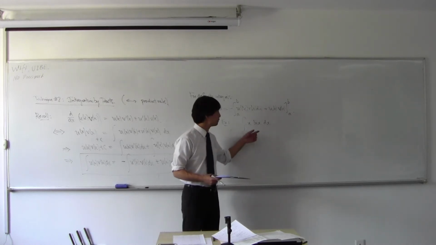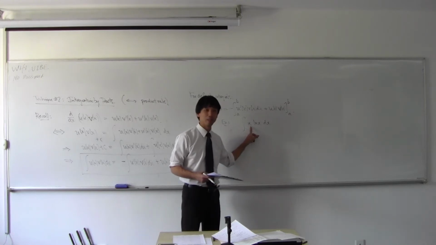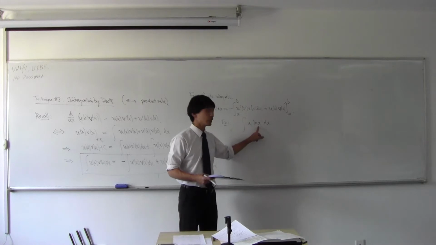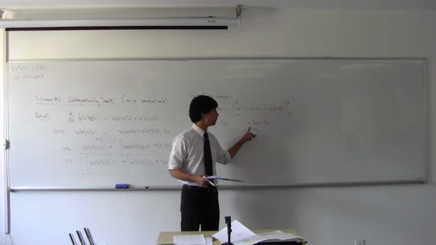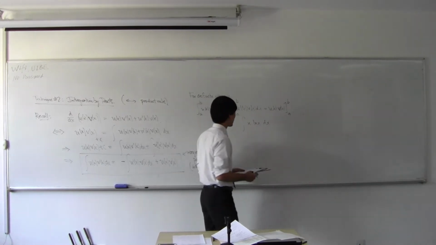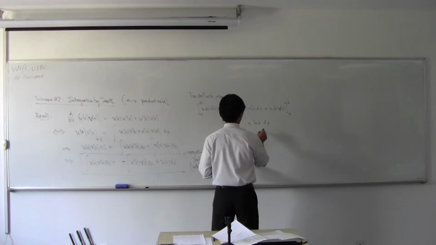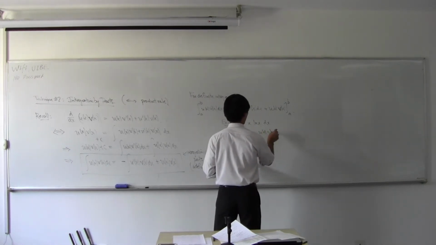Let's choose this guy as the v prime, because it's easier to do it that way, and this guy will be the u. So we're going to let u of x be natural log x, and v prime of x be x.